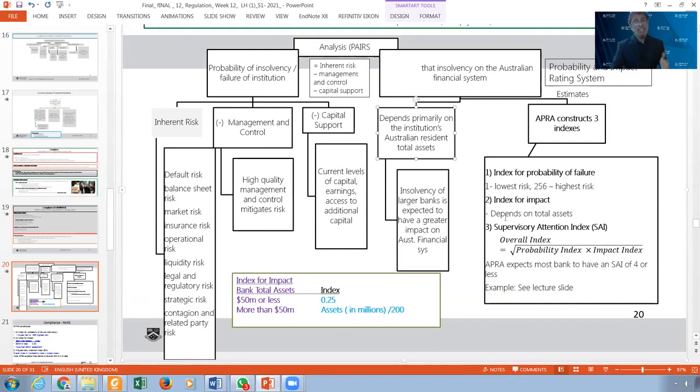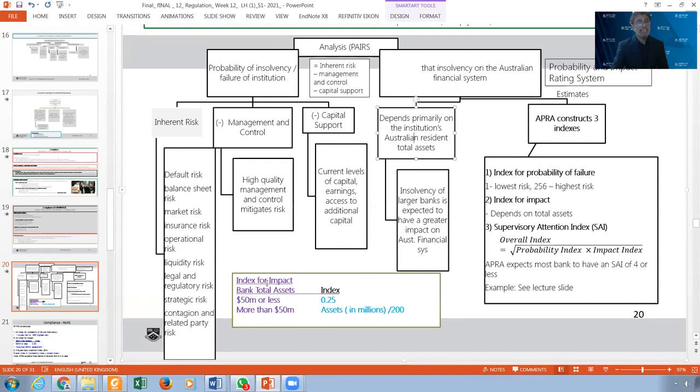And the other is the index for impact, which means how big you are, because the collapse of a bigger bank is harder on the economy than that of a smaller bank. And then they develop the CAI, which is the supervisory attention index, and they expect this to be 4, which is the square root of the probability index and impact.